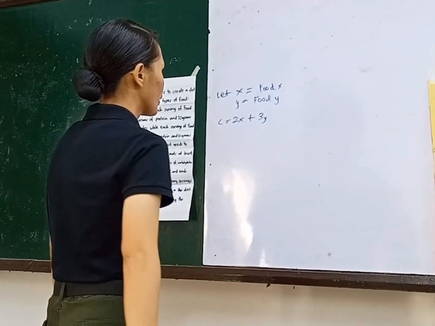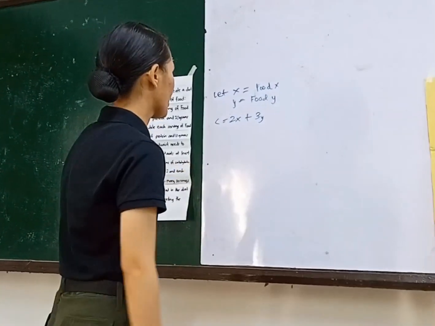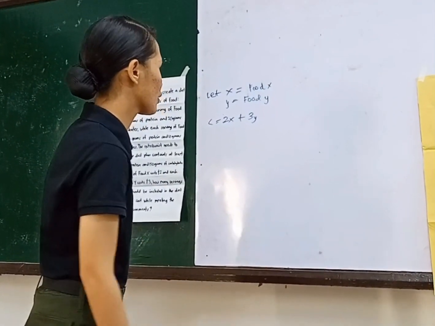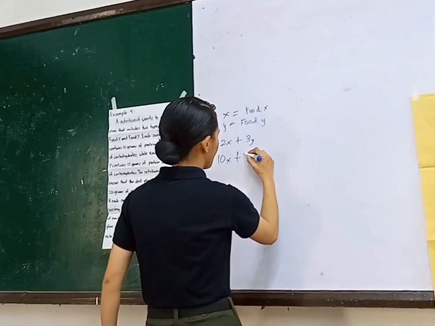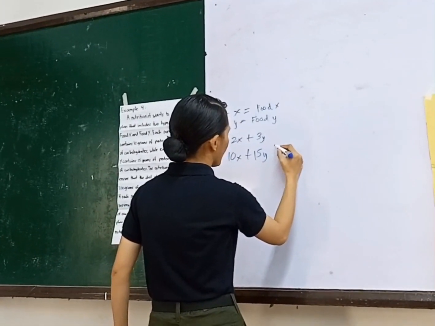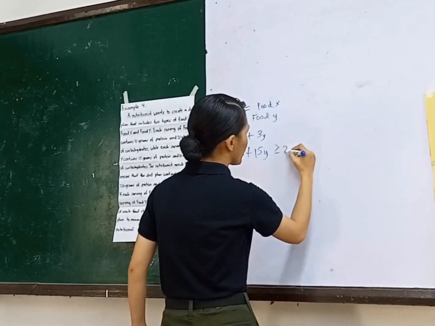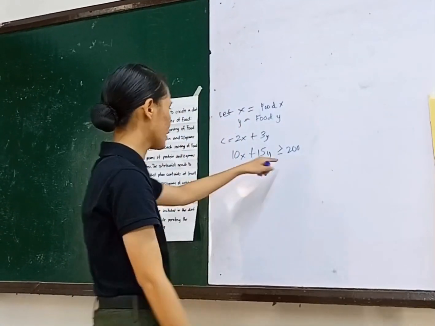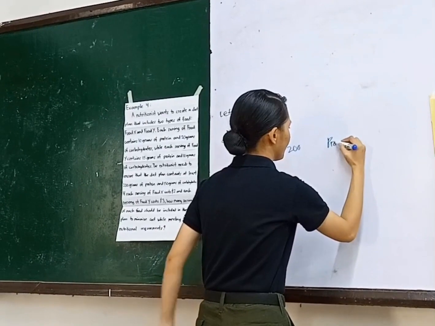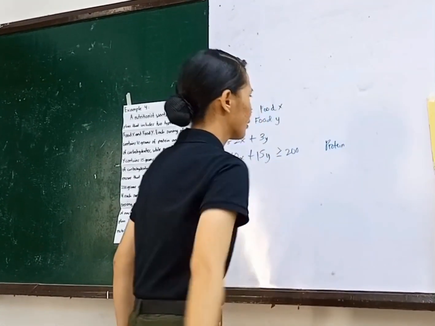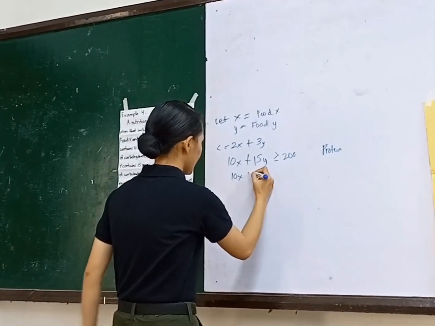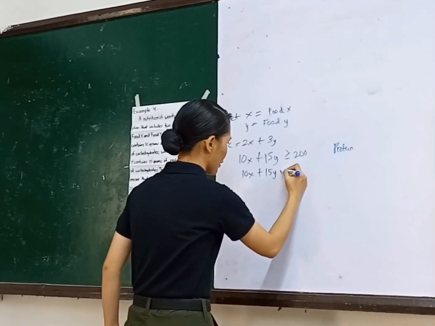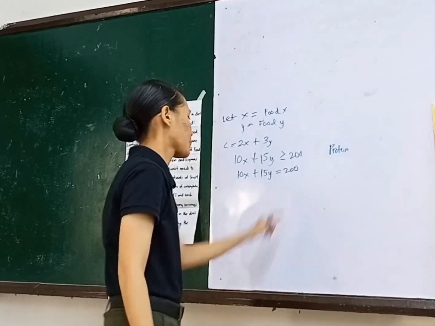And then our protein constraint is 10x plus 15y greater than or equal to 200. That's our constraint. And then we write this as 10x plus 15y equals 200.